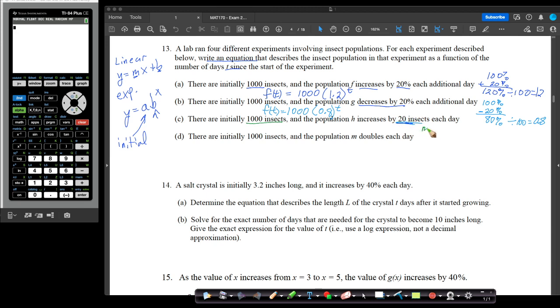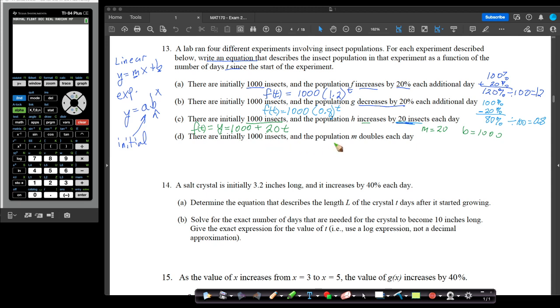So our slope is 20 and our y-intercept is 1,000. So that's going to be y equals, I like to go with the start first, so 1,000 plus, because we're adding, we're increasing, 20t. Maybe I should do f of t instead of y, but okay, we'll do that. So that should match there.